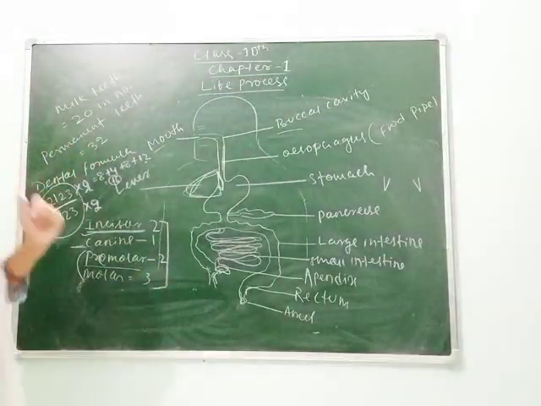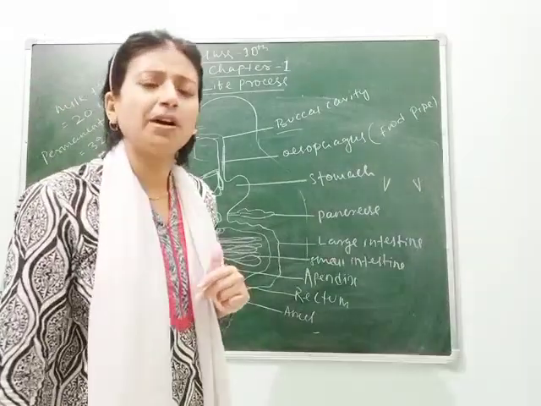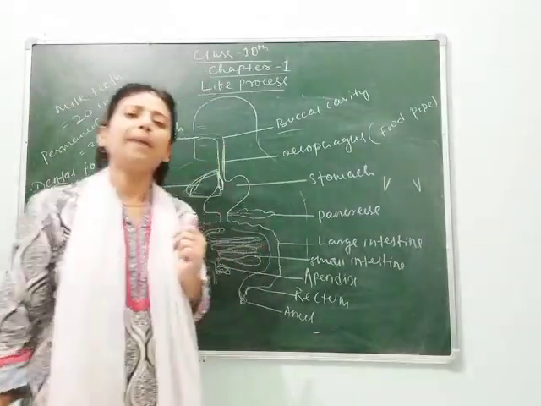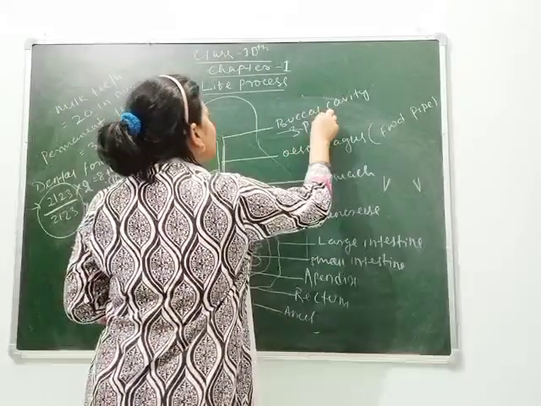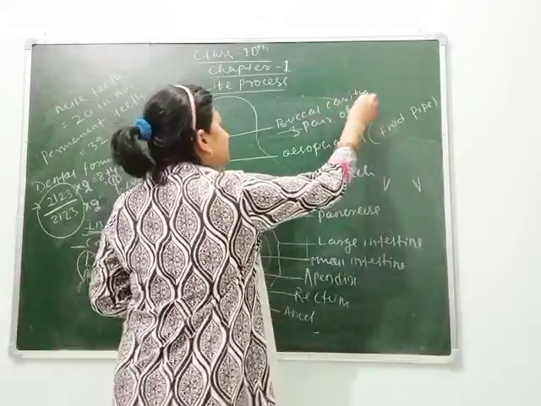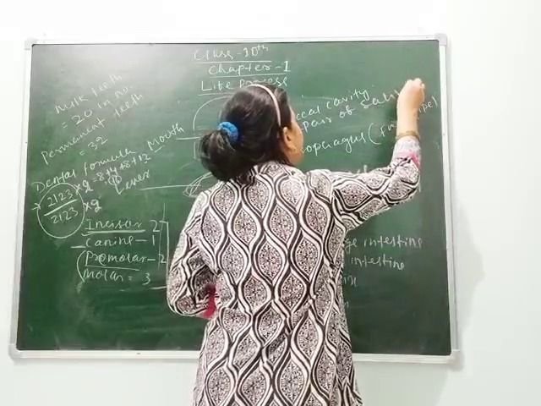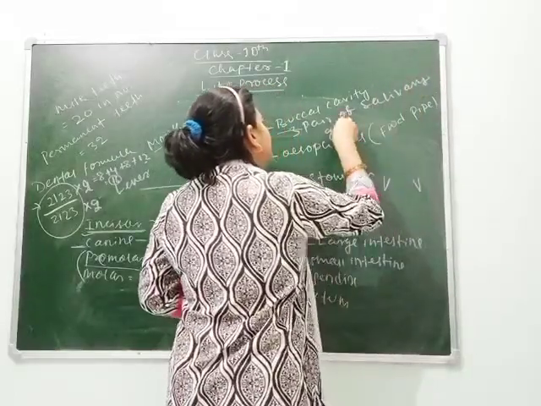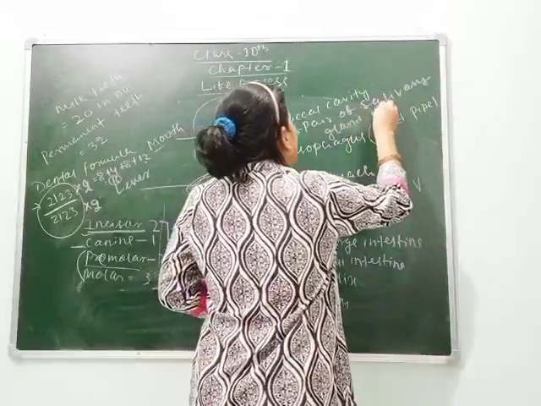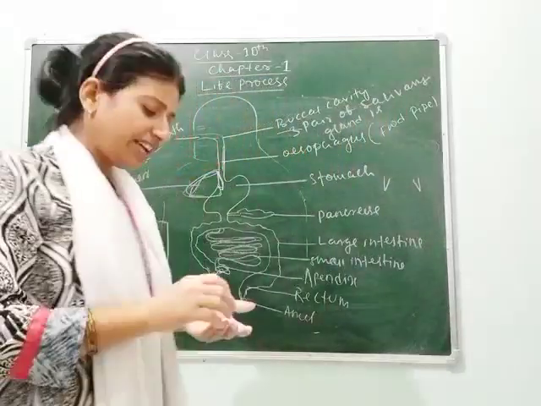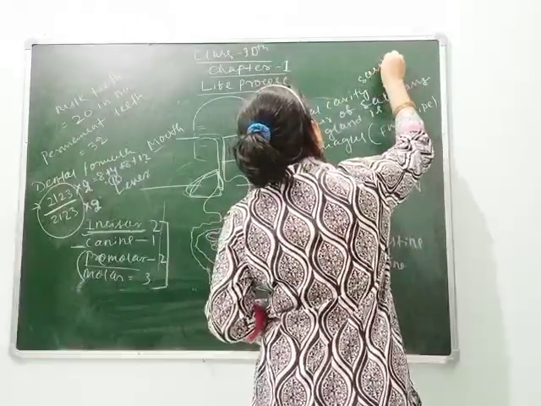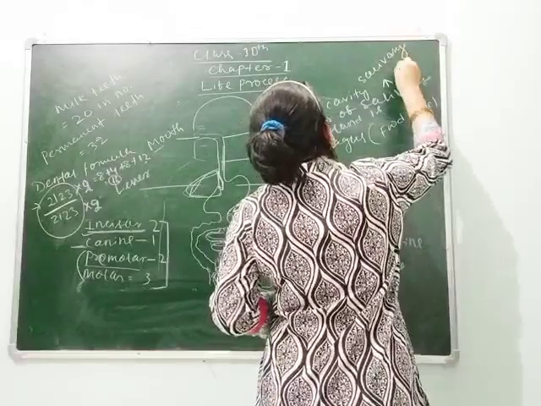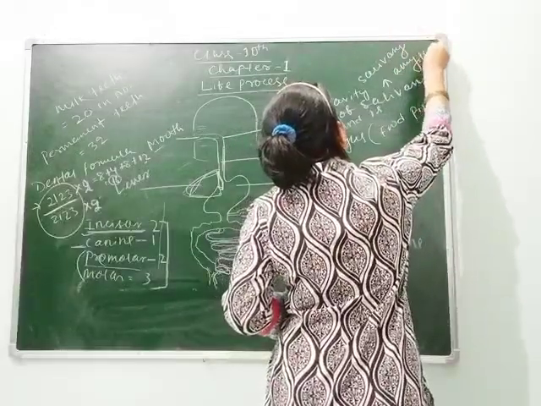Next, we move to the buccal cavity, where 3 pairs of salivary glands are present. From the salivary glands, the enzyme secreted is called salivary amylase.